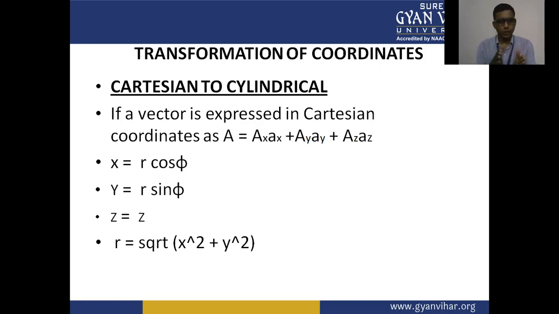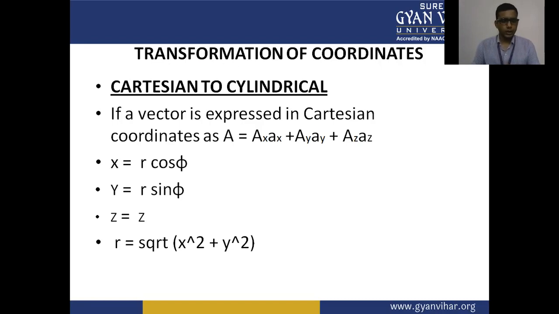First we express Cartesian to cylindrical: x is converted into r cos phi, y into r sin phi, and z is the same in Cartesian as well as cylindrical coordinates. There is no change in the z-axis.